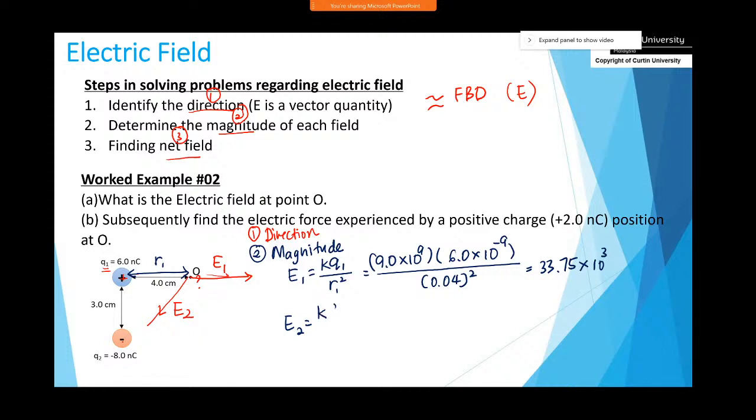E2, this is about Q2. Q2 is negative 8 nano. Again, no negative sign has to be included because negative is determined based on the direction. We have already calculated the distance in between point O and Q2, which is 5 centimeters.